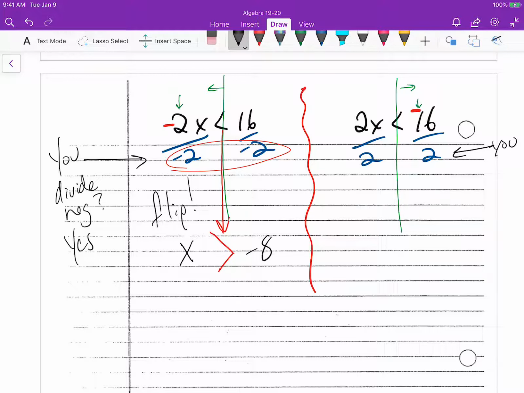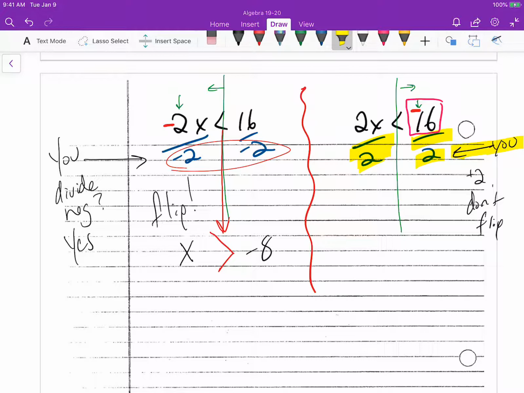But what's different over here? What are you doing? You divided by 2. That is a positive 2 that you divided by, so you don't flip. Who cares about the negative 16? Yes, that is negative 16 right here, but this is what you did.